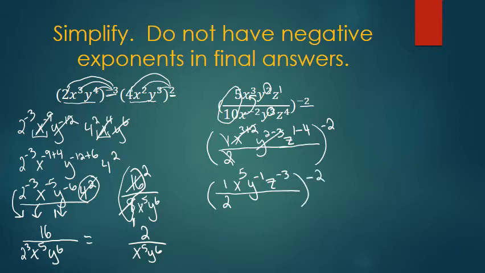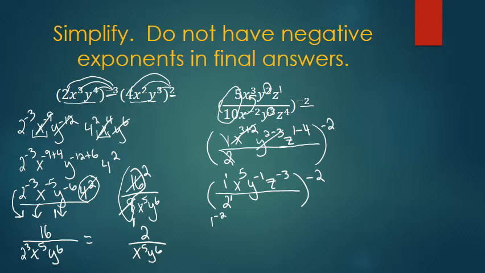And now I need to distribute that. Now this has to distribute to the entire quotient. Okay, so don't forget that the value on the bottom also has that negative 2 applied to it. So I have 1 to the negative 2. And anything, 1 raised to anything is 1.